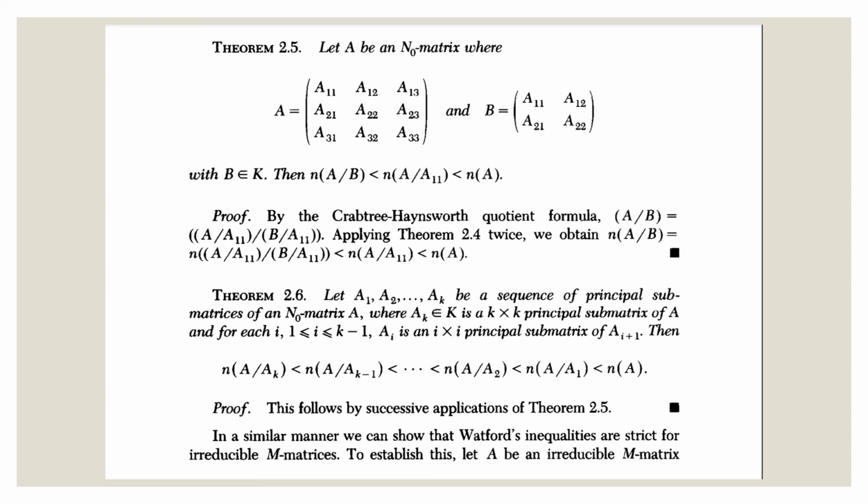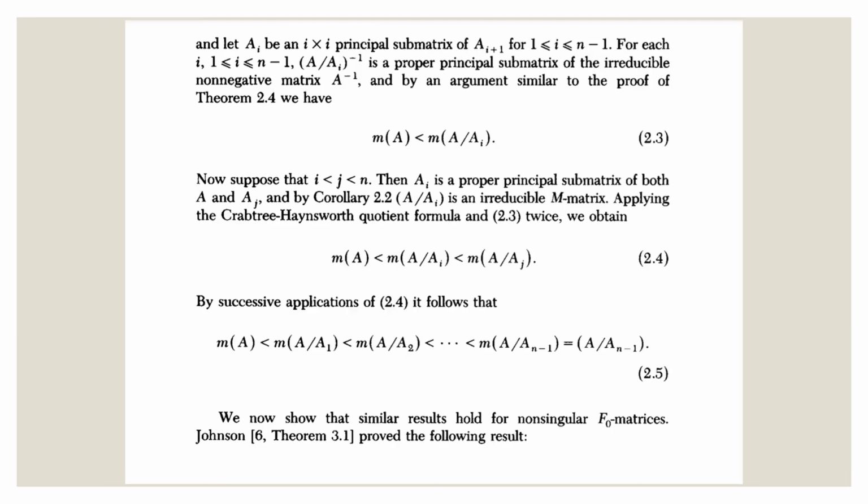In a similar manner, we show that Fiedler's inequalities are strict for the irreducible M-matrix. To establish this, let A be an irreducible M-matrix. Let Ai be an i×i principal submatrix of A(i+1) for 1 less than or equal to i less than or equal to n minus 1. For each i, A/Ai to the power minus 1 is a proper principal submatrix of the irreducible non-negative matrix A to the minus 1.